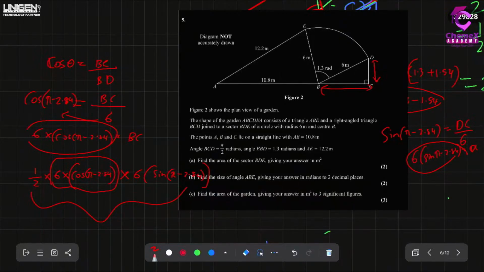What did you get? Is it 5 point something? What do you get when you type this?